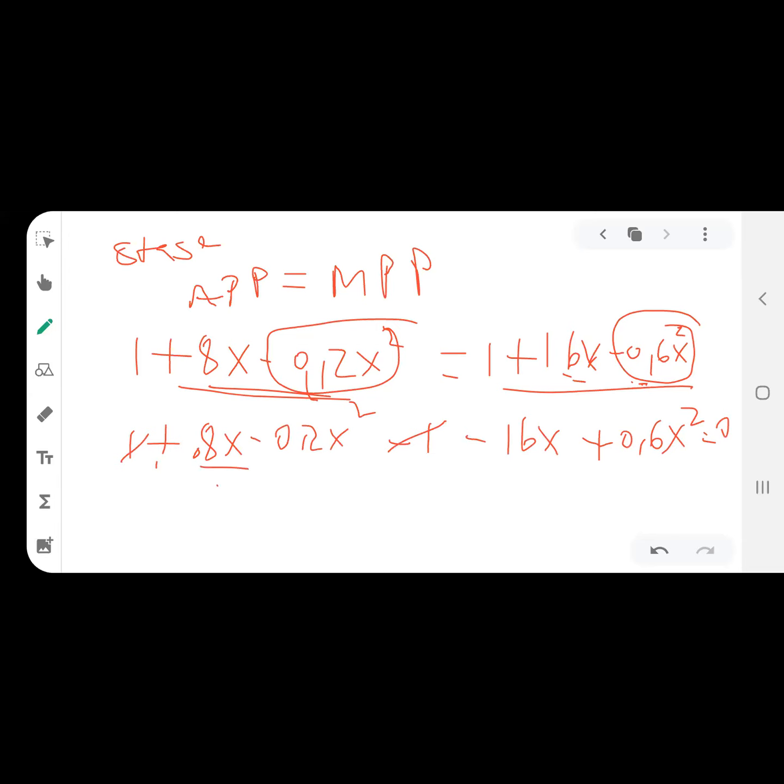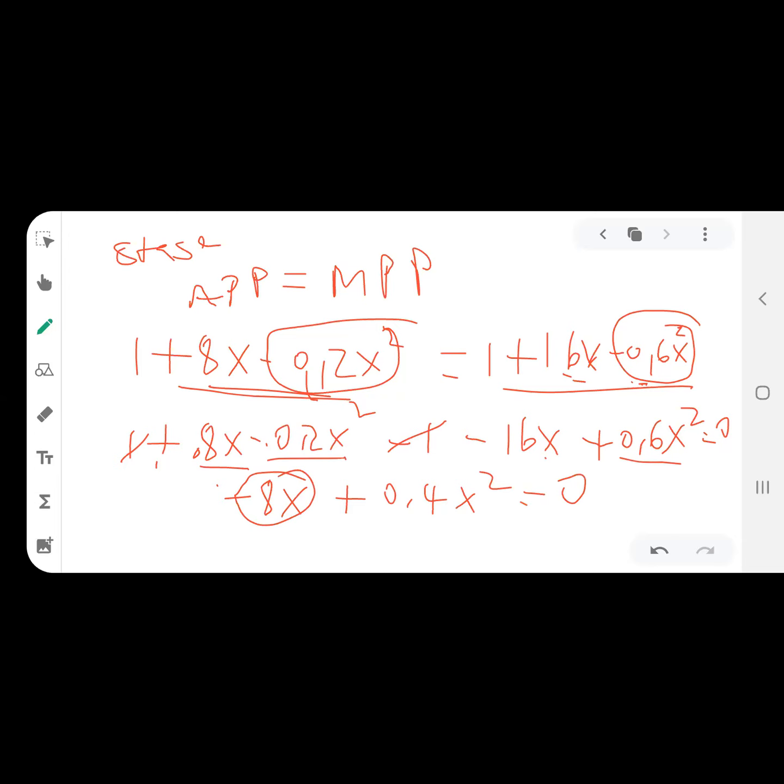And then positive 8x with negative 16x will give negative 8x. Negative 0.2x squared, you add like terms together, plus 0.6x squared, you will get plus 0.4x squared, right? Yes. Equals 0.